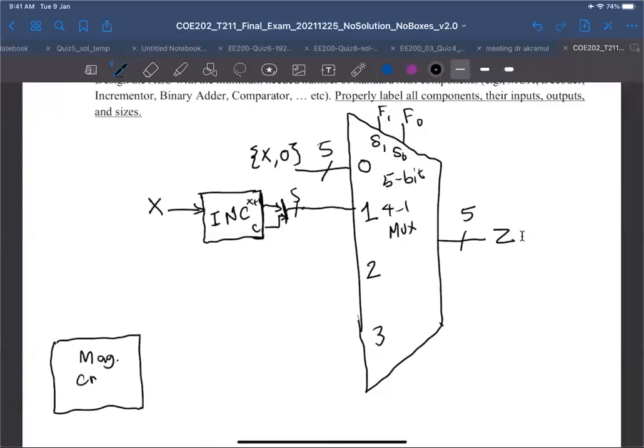For example, this is A and B, and I'm going to hook up X and Y, 4-bit and 4-bit. As a result, I'm going to produce A greater than B.